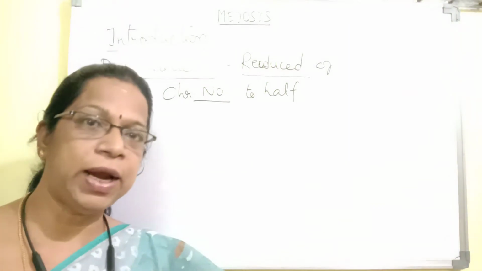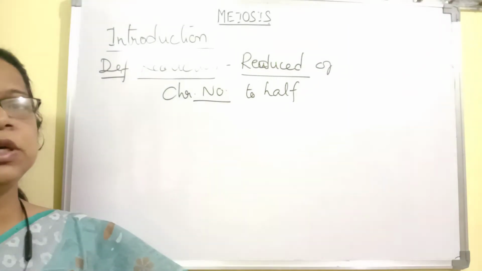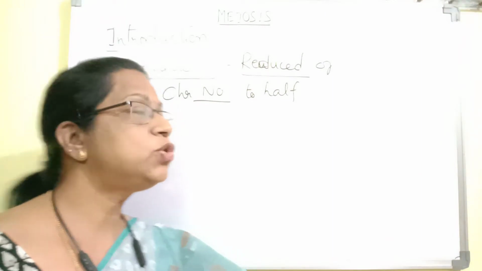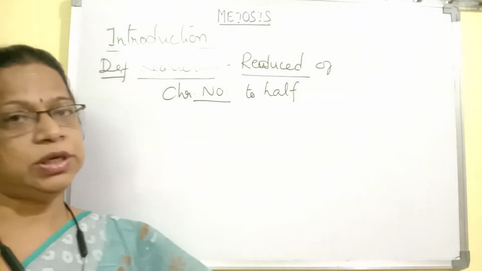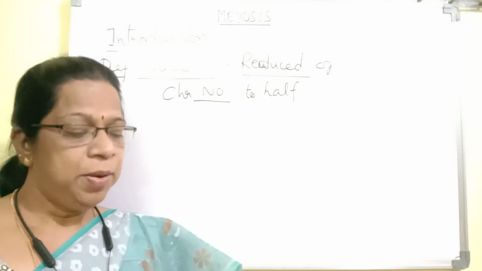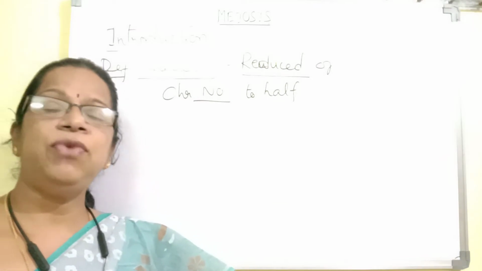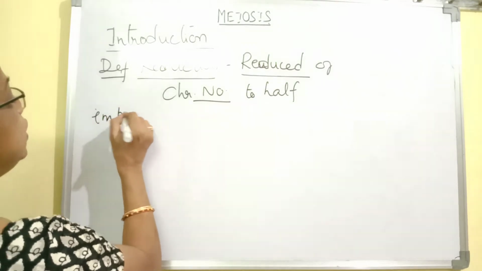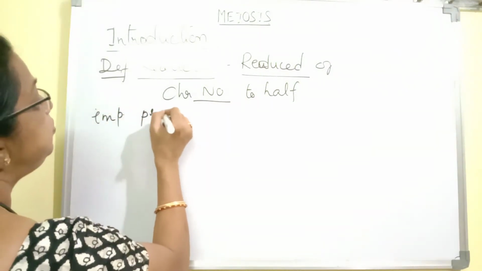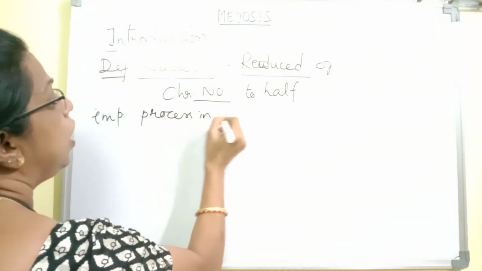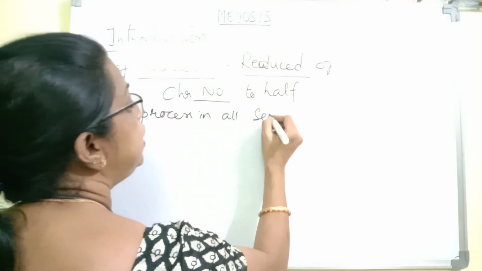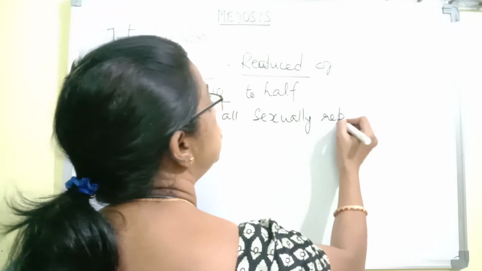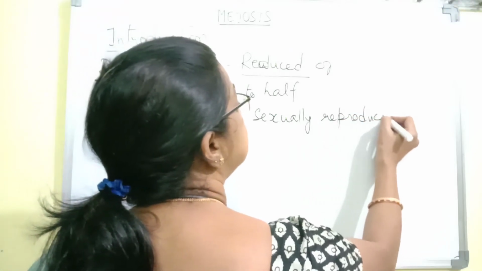Suppose a cell is dividing. The daughter cells which are formed have half the chromosome number. That's why it is called a reduction division. And meiosis is a very important process in all sexually reproducing organisms.